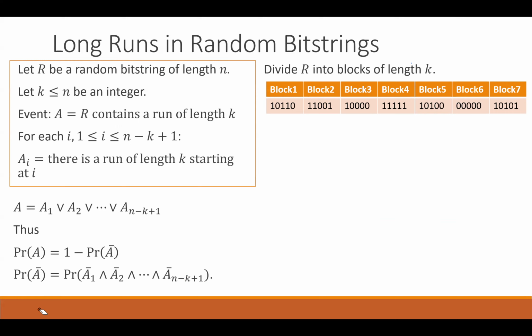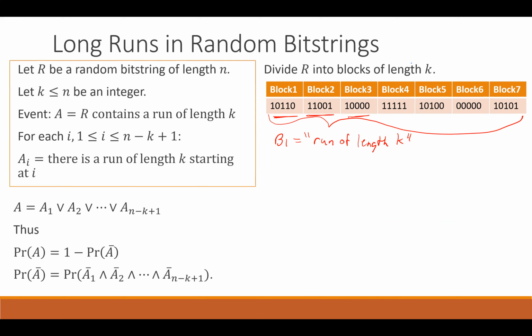What I'm basically going to do is, those events are not independent, but if I divide my bit string into blocks of length k and look at the individual blocks, B1 is a run of length k in block 1.